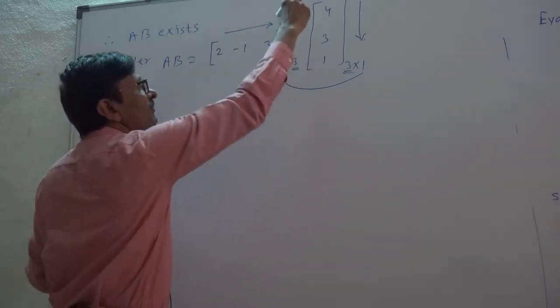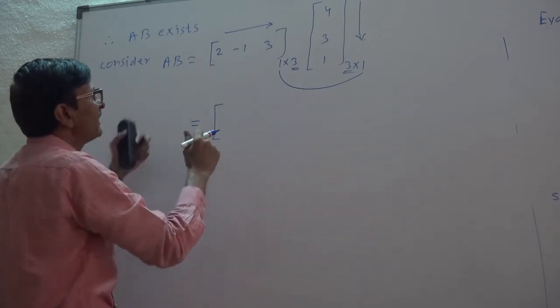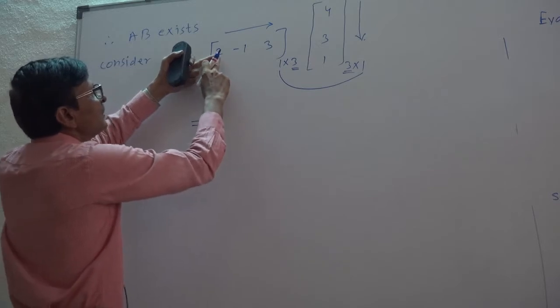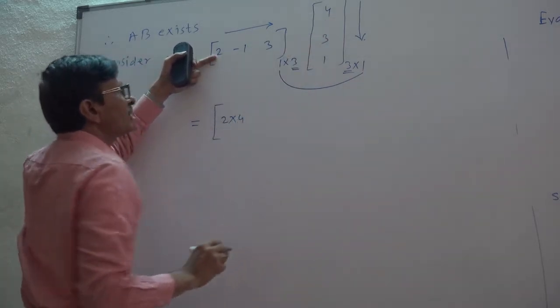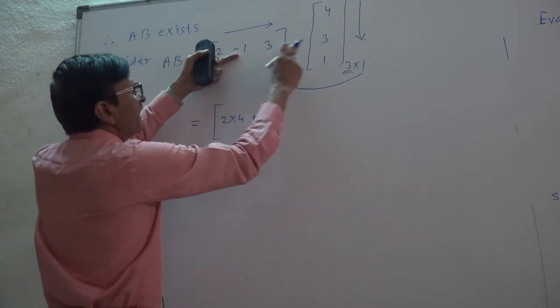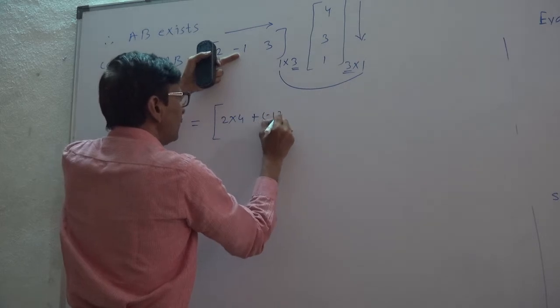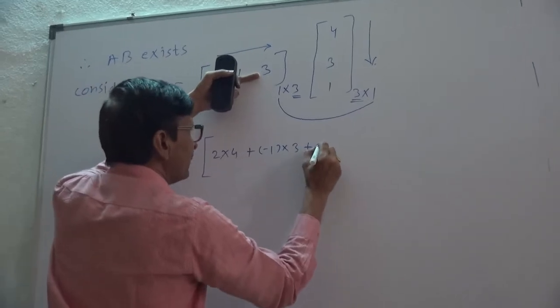First row, first column. What is the position of this element? First row, first column. Only one element is present in this. So 2 into 4, product of first element, plus product of second element, minus 1 into 3, plus 3 into 1.